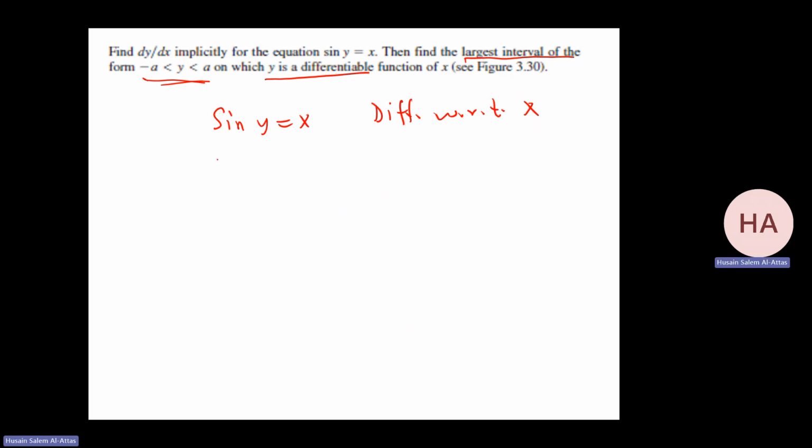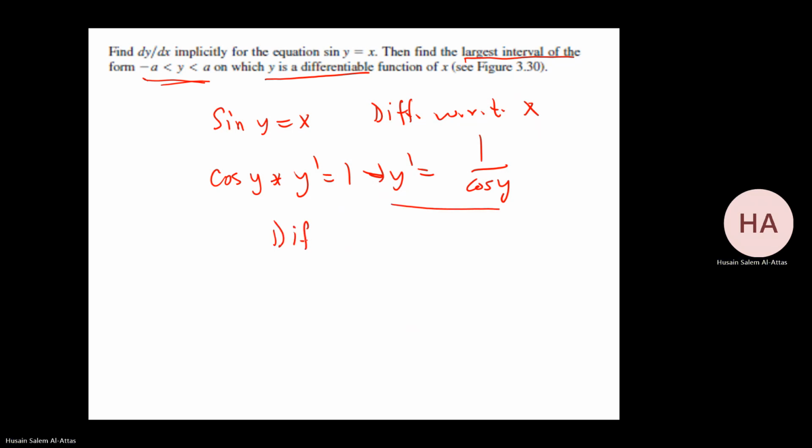What will I get? I will get cosine y times y prime equal to 1. So y prime equal 1 over cosine y. Aha, this one is differentiable if cosine y not equal to 0.